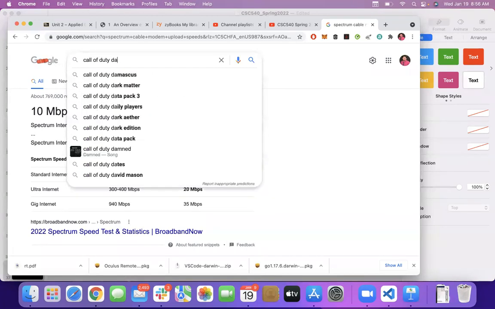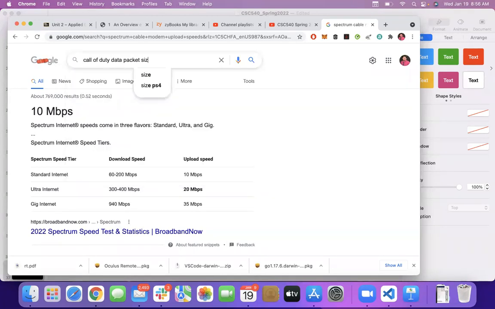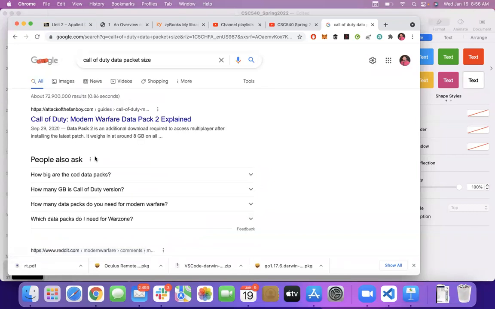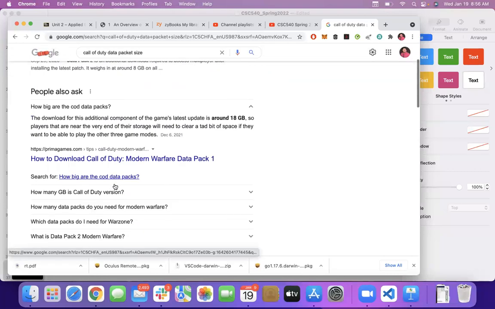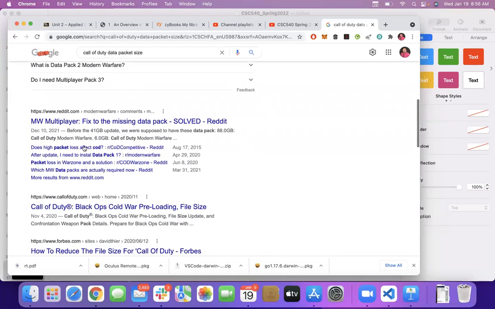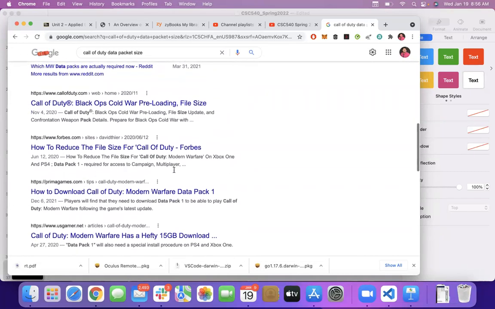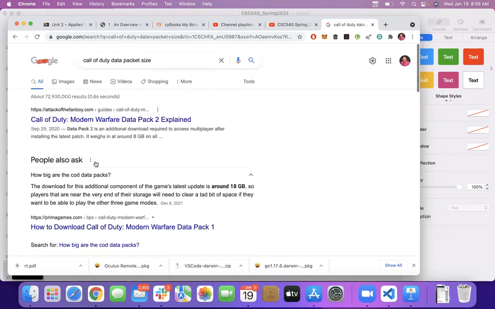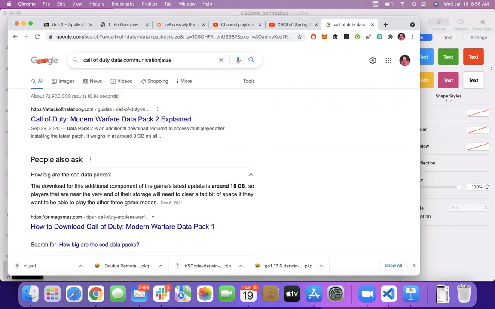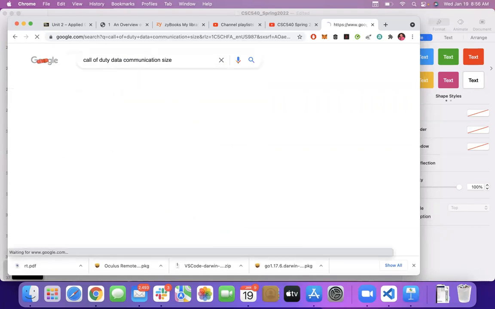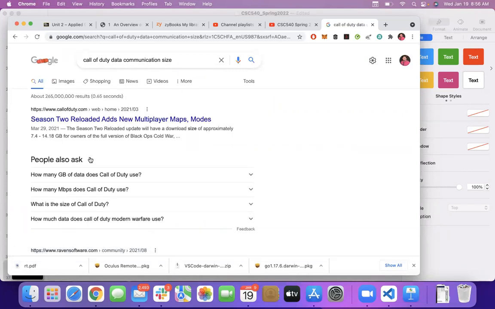So presumably the amount of data that's being sent, see if we can see it on here. Call of Duty data packet size. No, this is for like download size. It's certainly going to be in the low kilobytes.